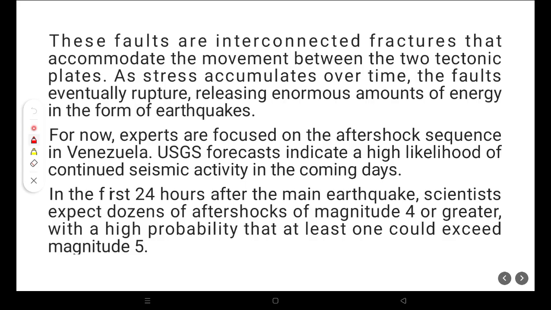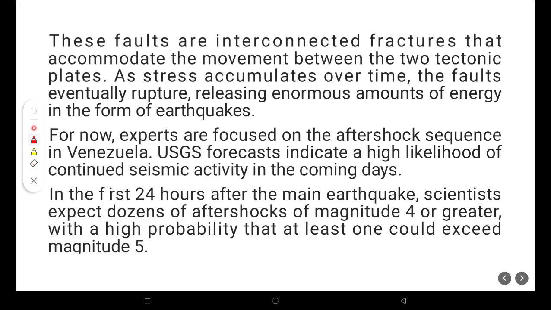For now, experts are focused on the aftershock consequences in Venezuela. USGS forecasts indicate a high likelihood of continued seismic activity in the coming days. Another important thing is that there will not be a single earthquake, where a major earthquake takes place and it finishes.